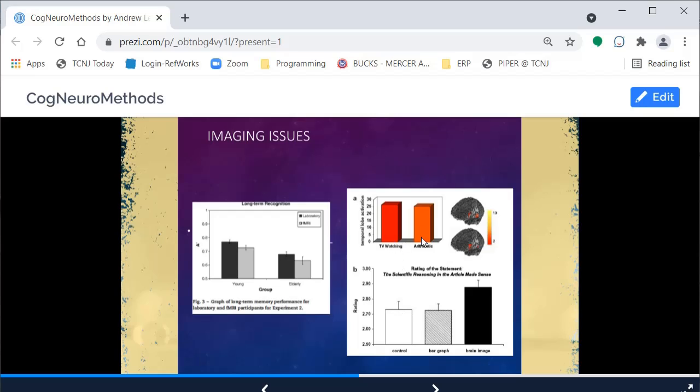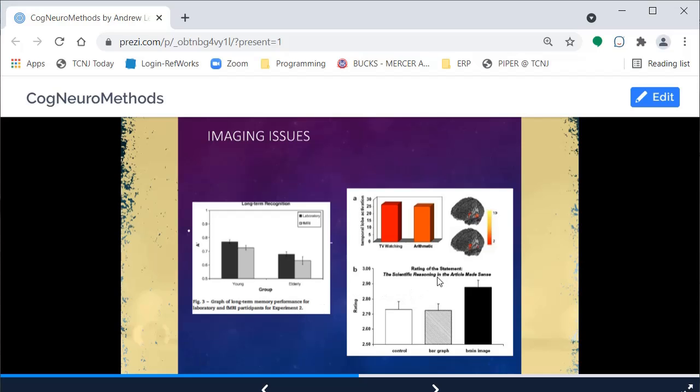Another group got evidence in the form of a bar graph. And a third group had evidence in the form of these brain imaging slides. They asked them to rate how believable the evidence was in the narrative they were reading. And what you see is that if you add a brain image, it gets much more convincing.